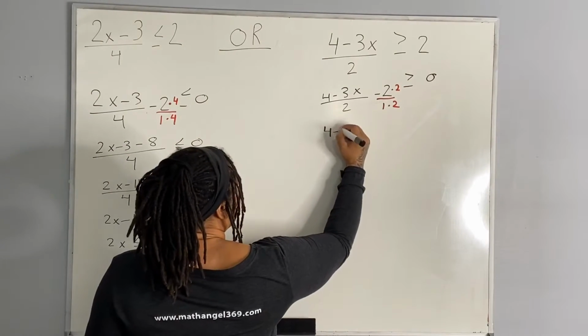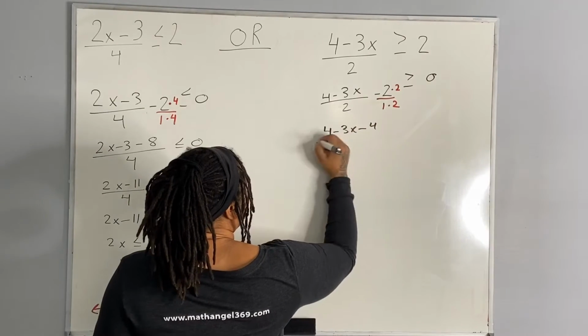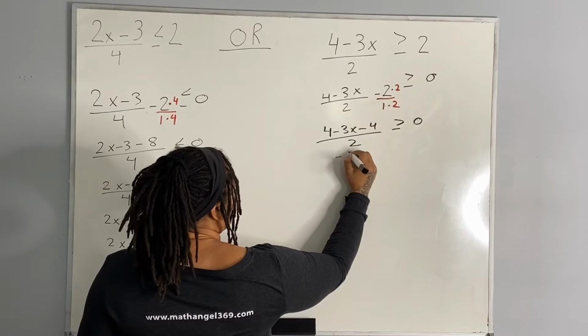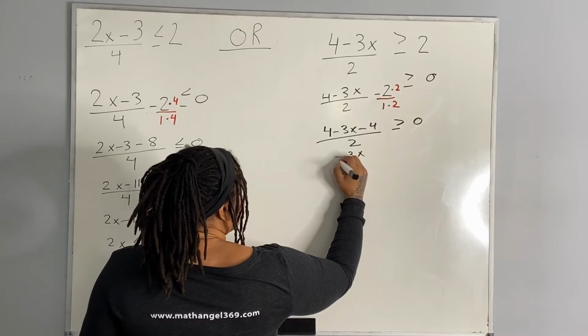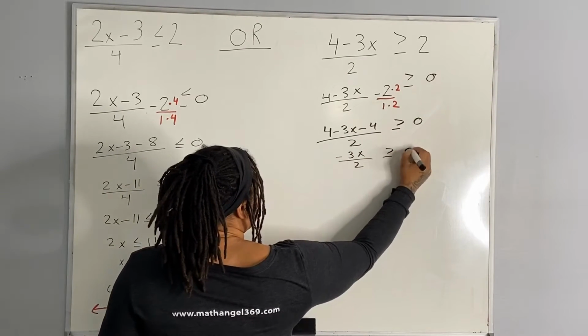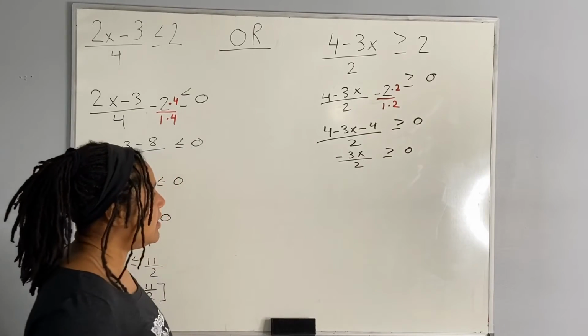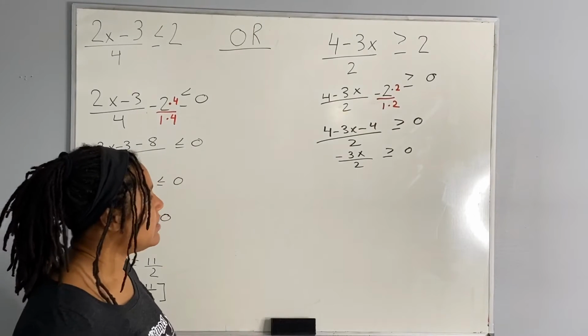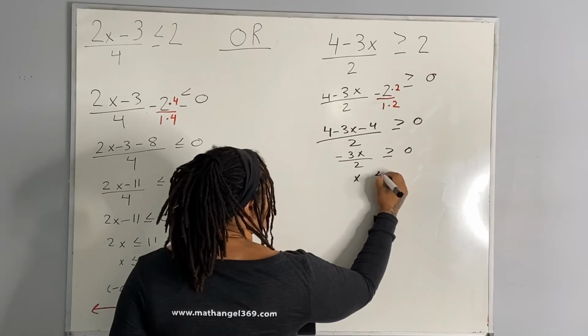So we get (4 minus 3x minus 4) all over 2 is greater than or equal to 0, which means we get negative 3x over 2 is greater than or equal to 0. And if I multiply both sides by the reciprocal, then we get x is less than or equal to 0.